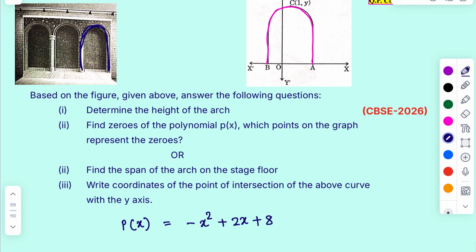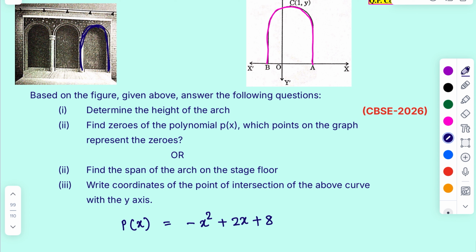If you see this graph of the polynomial, it intersects the x-axis at these 2 points, points A and B. Point A has coordinates 4 and 0, whereas point B has coordinates minus 2 and 0.